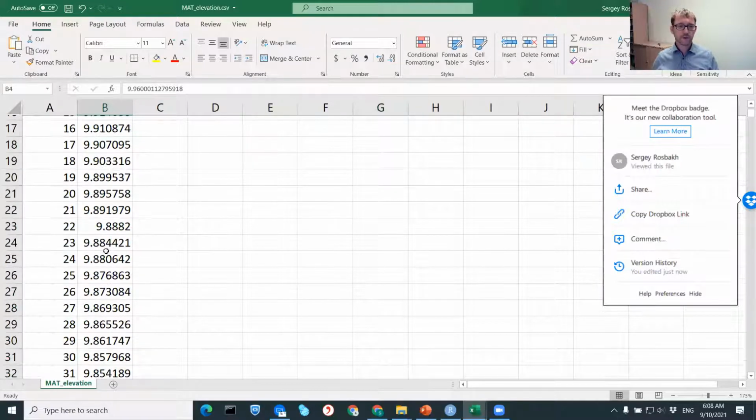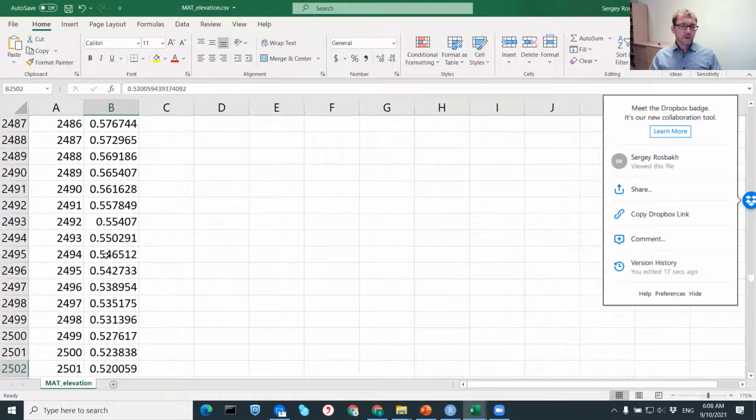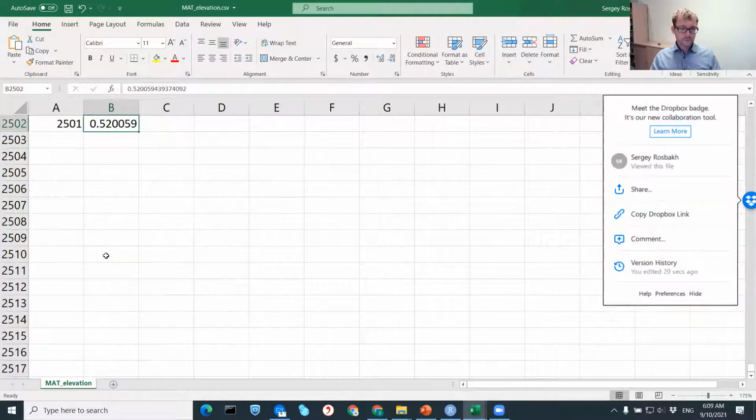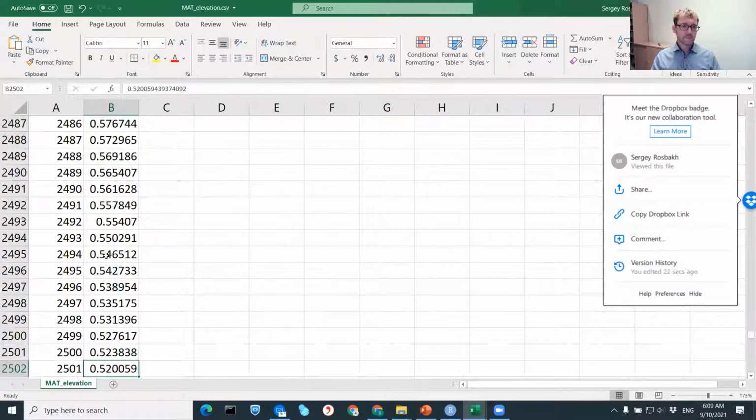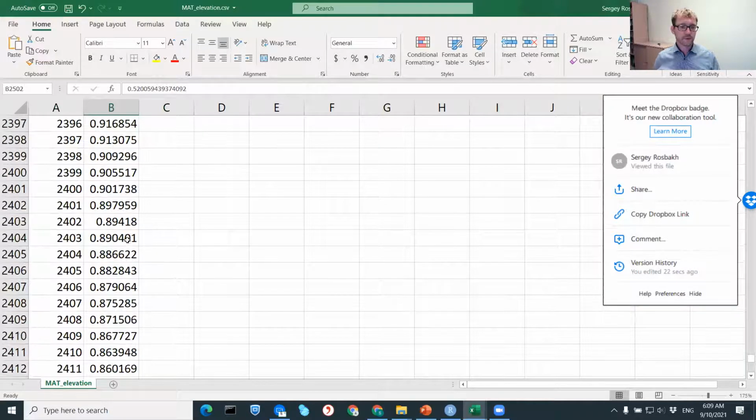So now I can use those data in my research. I can say, well, if I collect seeds, let's say at 2,400 meters, I have no weather station at this elevation, but based on the model, I know that the mean annual temperature on this particular collection site is 0.9 degrees Celsius.